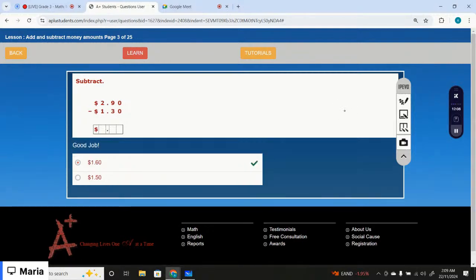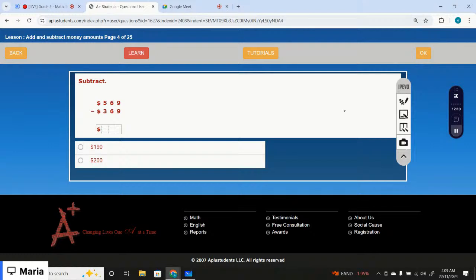That is 1.60. 569 take away 369. So which is the option? Option number 2 is the correct option. Very good.